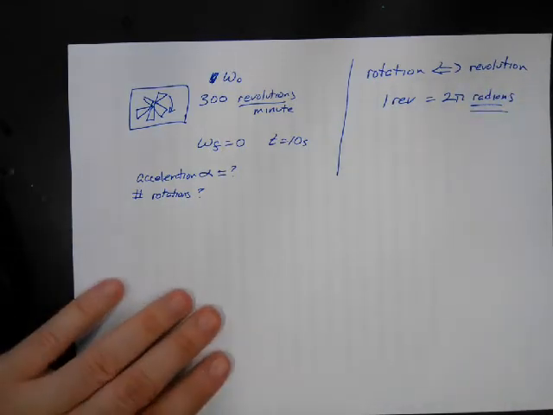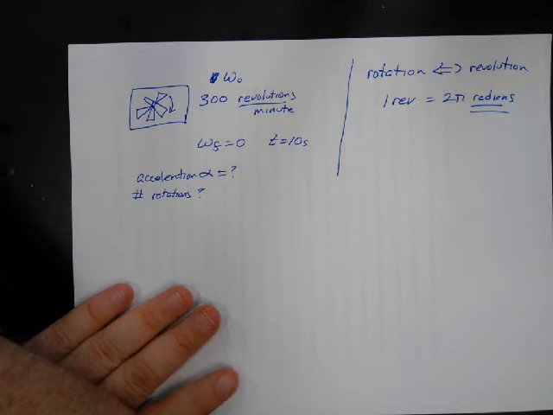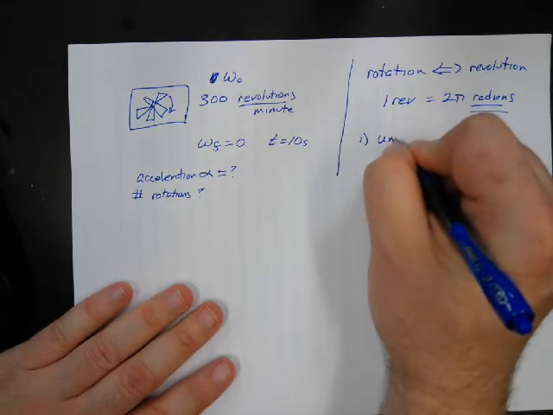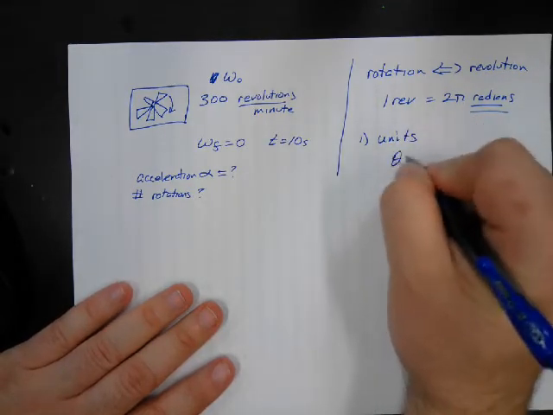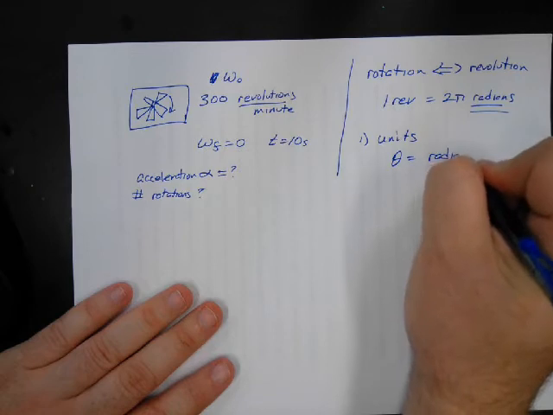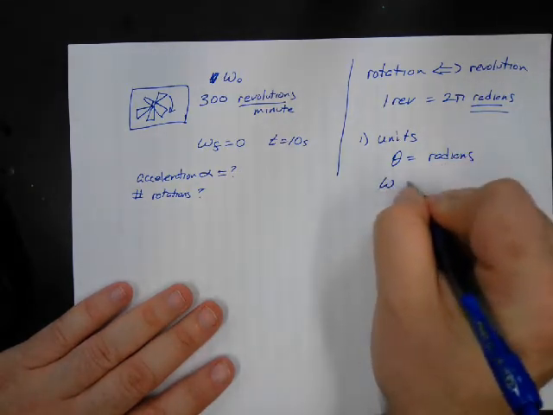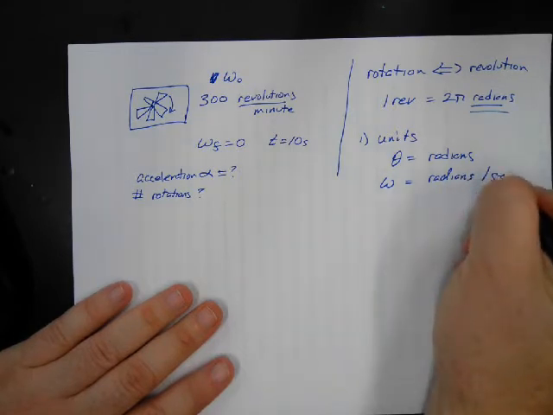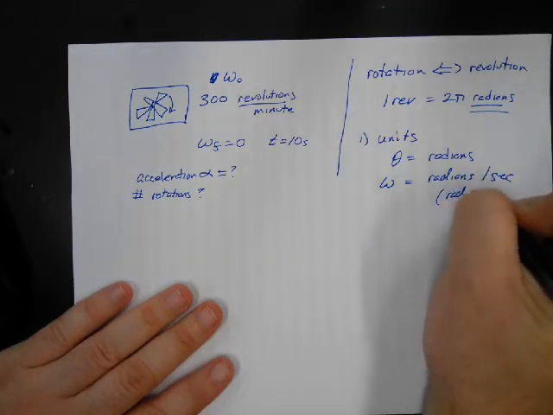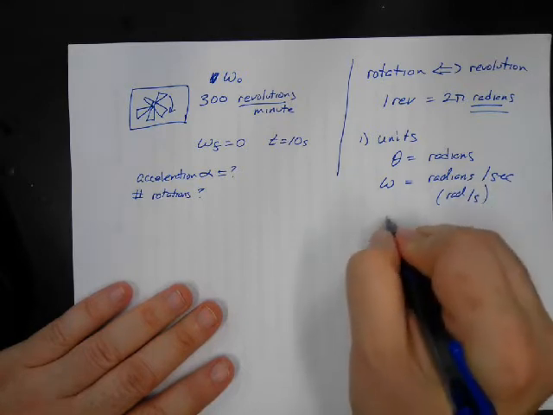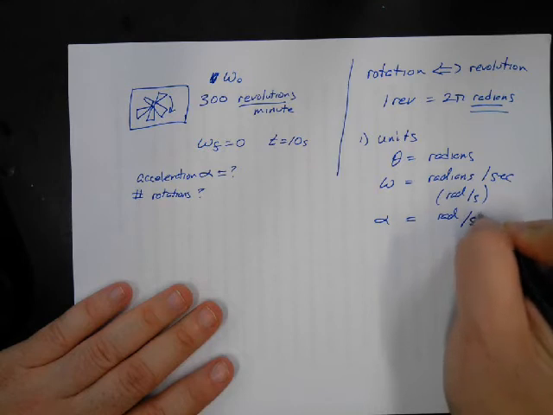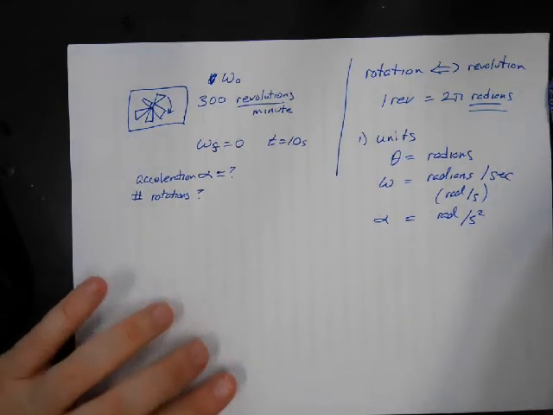When we're doing problems in rotation, theta is going to be in radians, angular velocity is going to be radians per second, and angular acceleration is going to be radians per second squared.